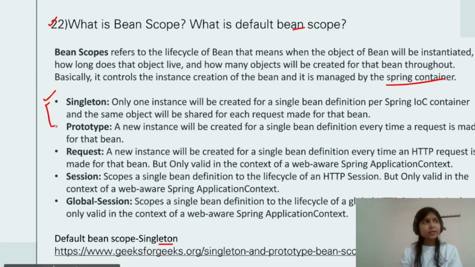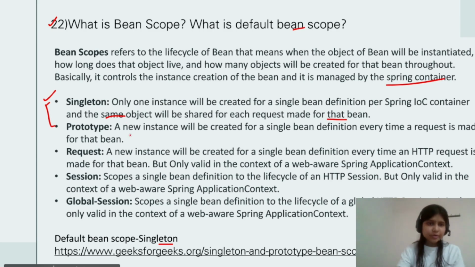In singleton, only one instance will be created for a single bean definition per Spring IOC container, and the same object will be shared for each request made for that bean. So we are returning the same object every time. This is one point that you have to remember.